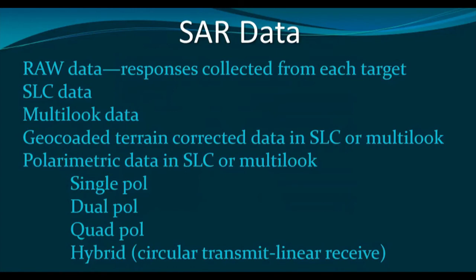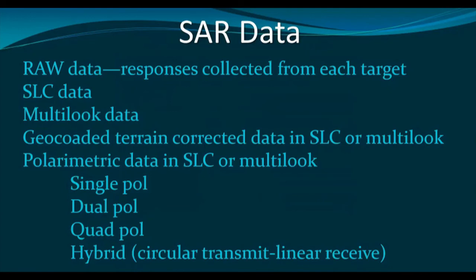Also, this is a new thing I am telling you today: multi-look processing in fact converts the slant range image into a ground range image. So this is another advantage of multi-look processing.